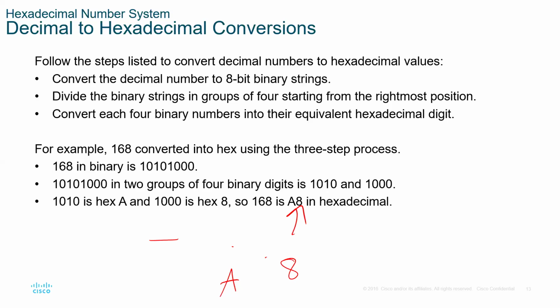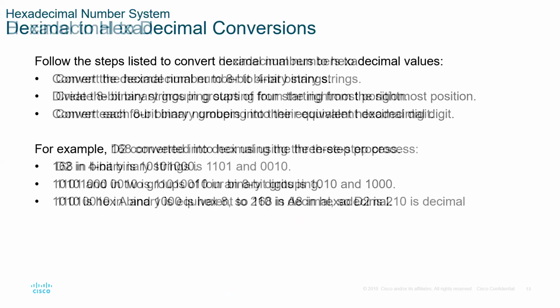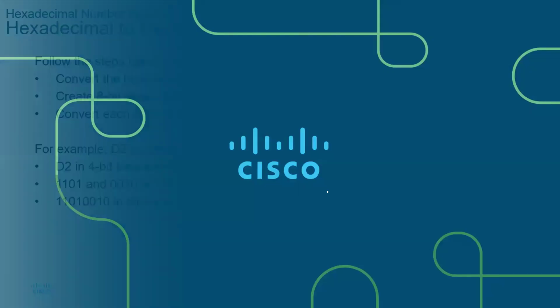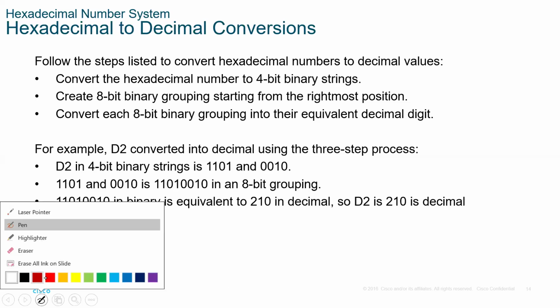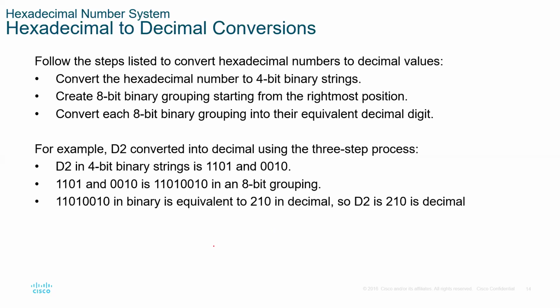I think we have finished hexadecimal to decimal. One example for you. Let's see who gets this one. Let's convert 199 to hexadecimal.